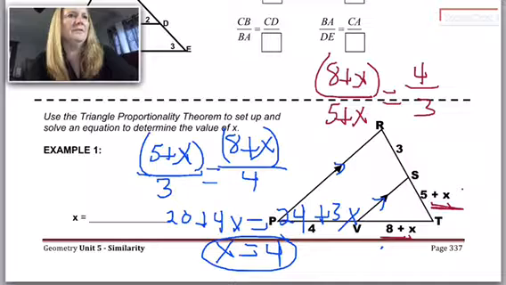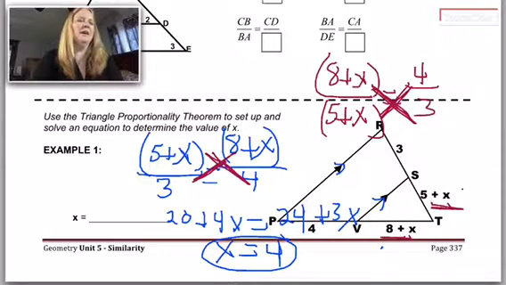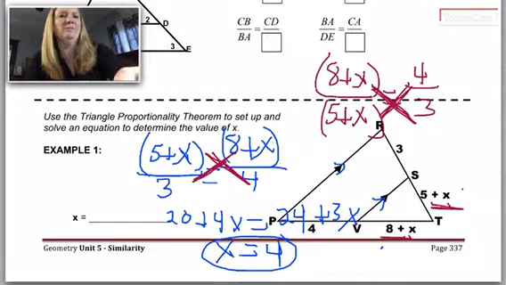Okay, what you're going to see is when we cross multiply here, we're multiplying 3 times 8 plus x. When we cross multiply over here, we're doing the same thing. Cross multiply here, it's 4 times 5 plus x. When you do it here, it's the same way. So in all these relationships, once you cross multiply, you're going to end up with the same problem. So there's a lot of different ways you can set it up. The answer is x equals 4.